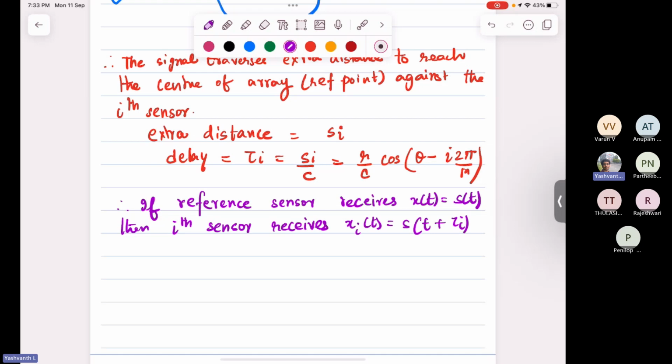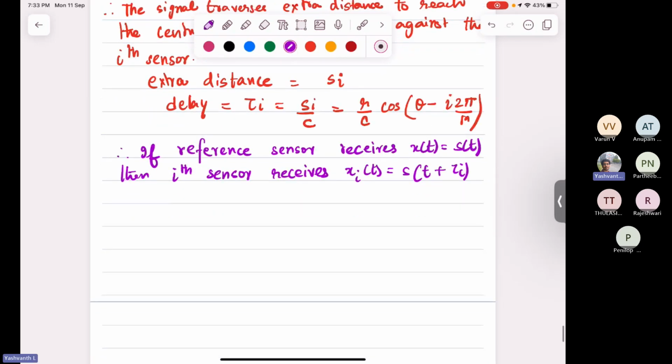That is, it receives the signal tau i seconds ahead of time. That is nothing but s of t plus r by c cos of theta minus i2 pi by m. I'm just writing what tau i is.